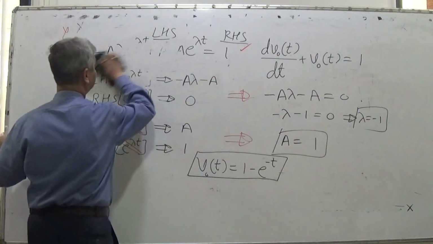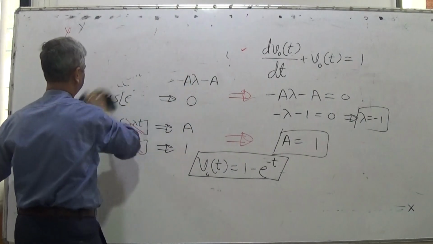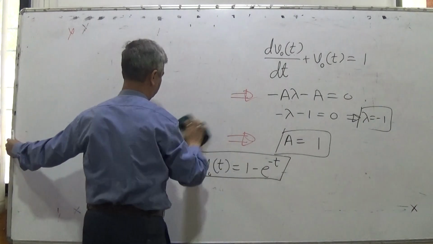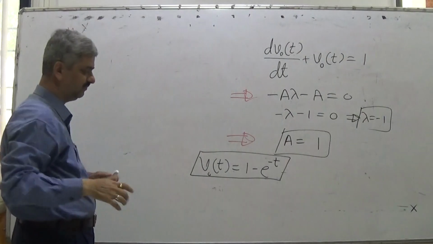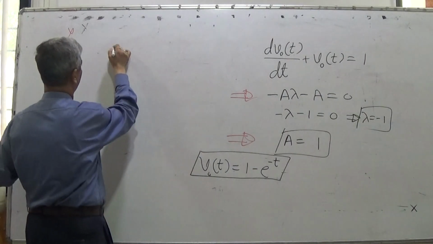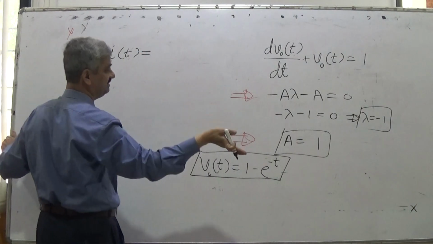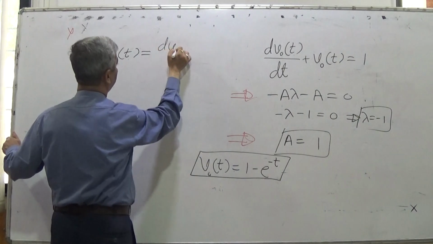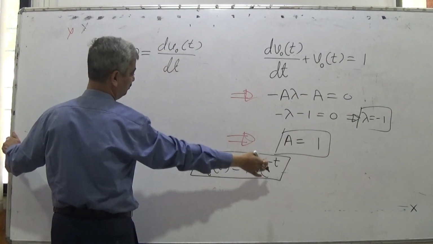What is the current? We know that IT is equal to C dVc by dt, or C is 1, dVc by dt, or dVc is VO. So IT is equal to dVOT by dt. Here VOT is 1 minus e raised to minus t.